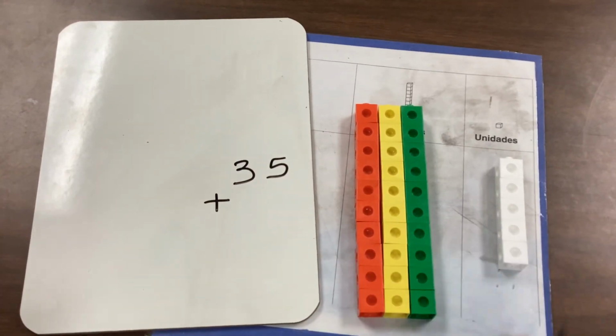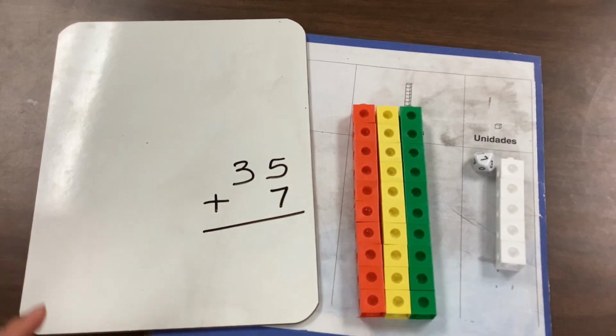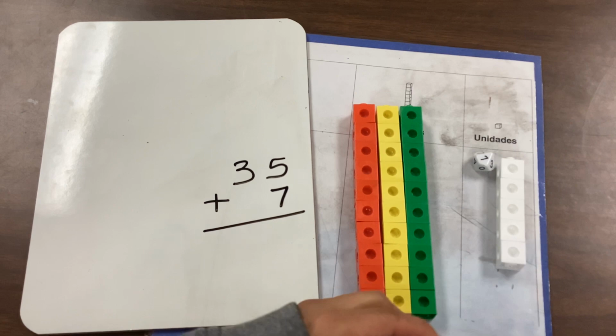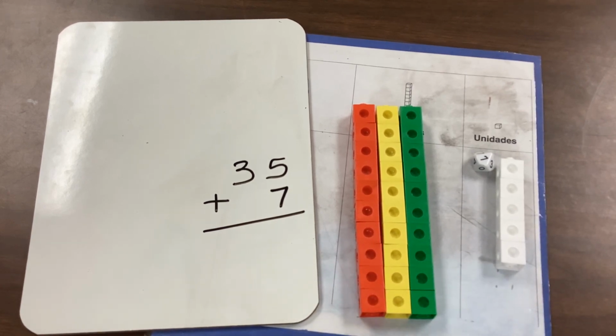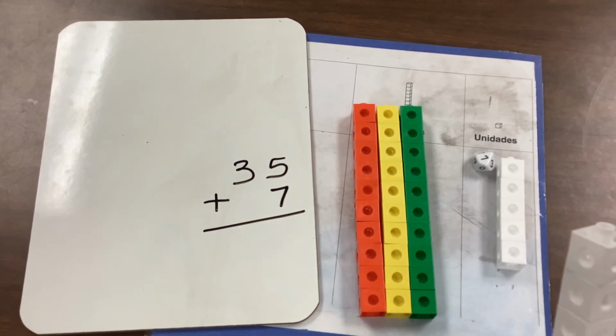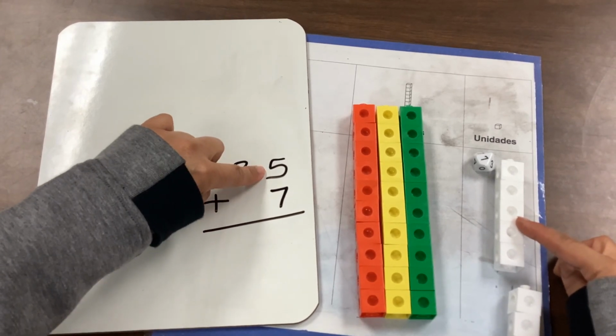Plus, let me roll the dice, plus 7. So I have 1, 2, 3, 4, 5, 6, 7. So these are my 7. And 5 that I already had.